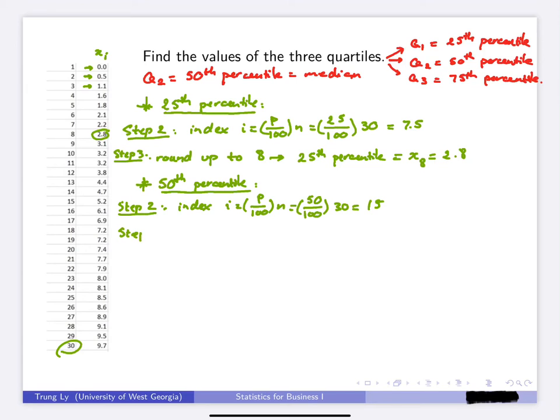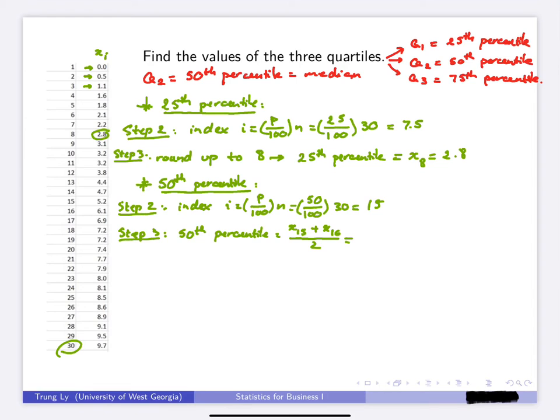Then in the third step, because I is an integer, the 50th percentile is going to be equal to the average of the 15th and the 16th observation. So it's x sub 15 plus x sub 16 divided by 2.